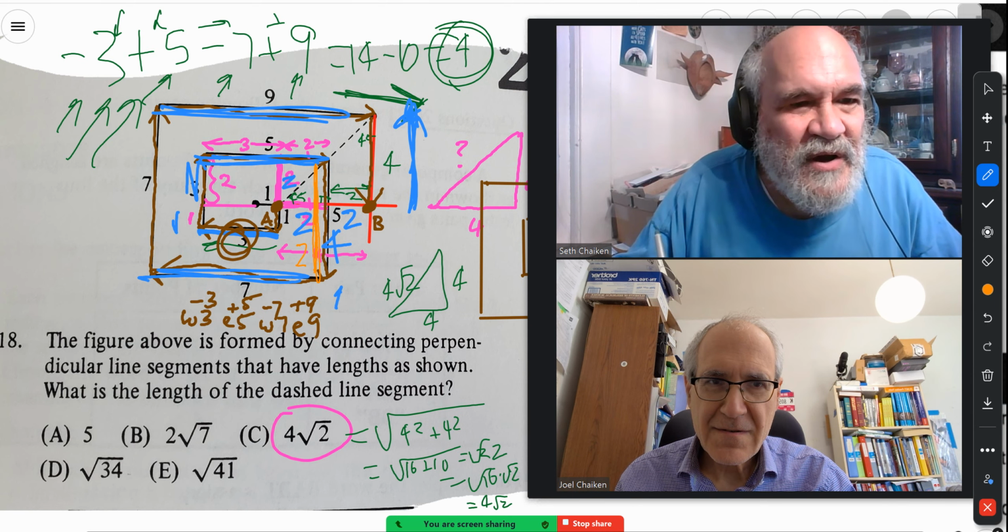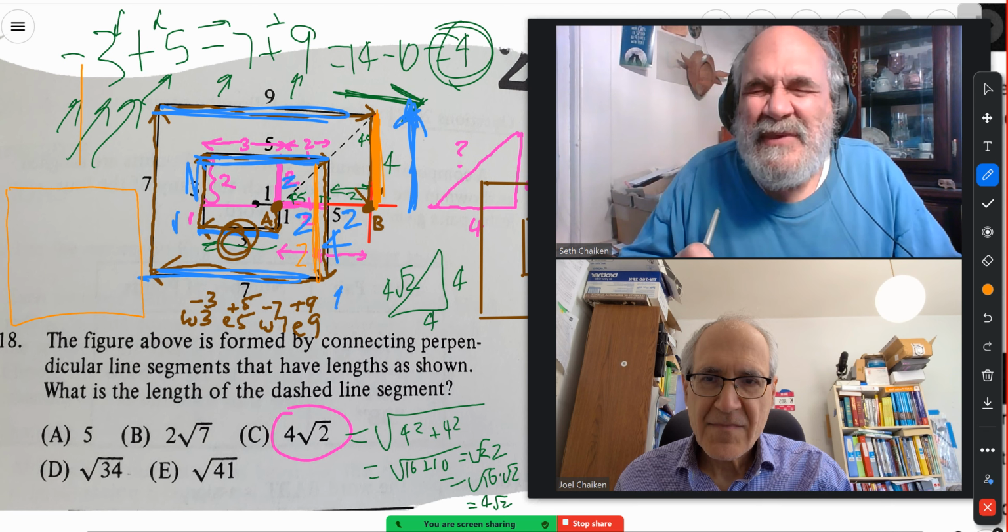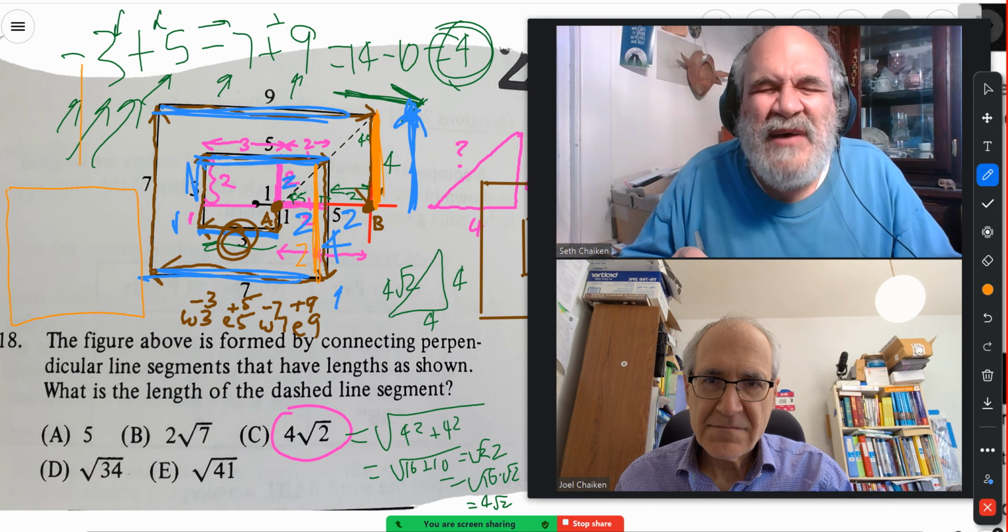But yes, you could get this dimension. No, the thing is, every single number in the figure is independent and is critical for determining the answer. Okay. Right. So you cannot deduce that the length of that last segment is 4.